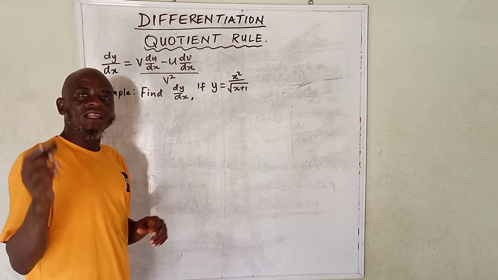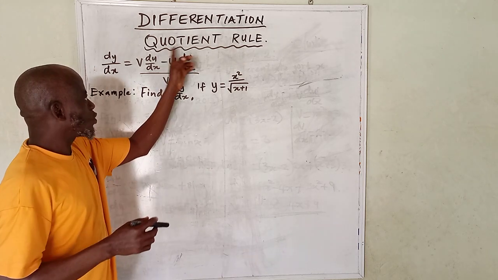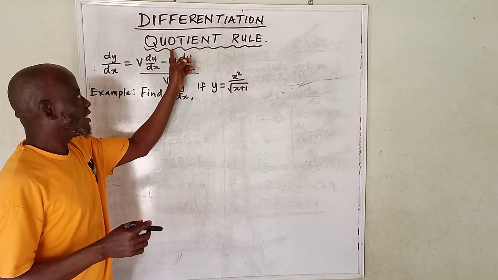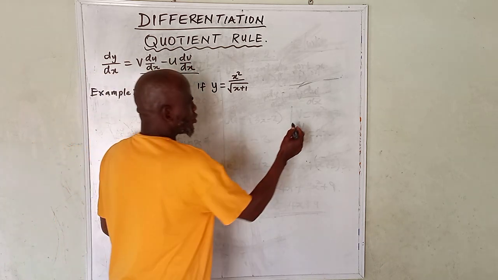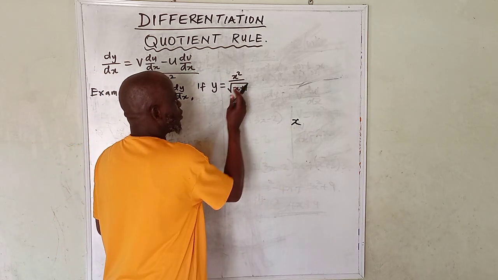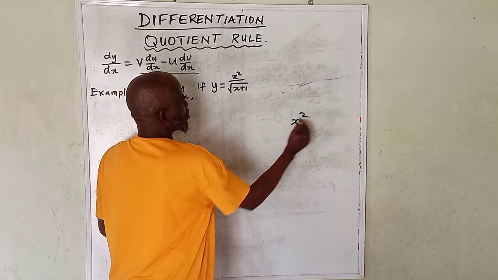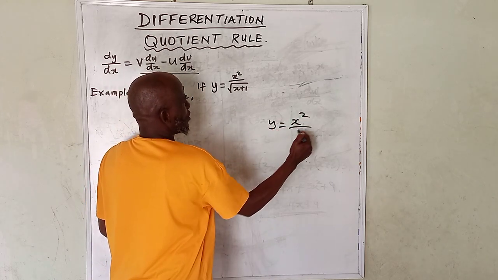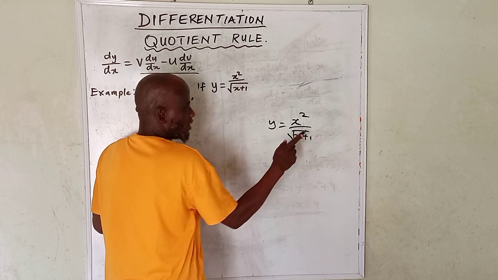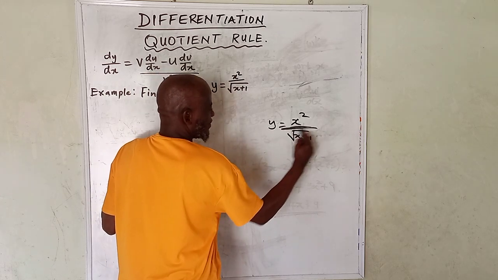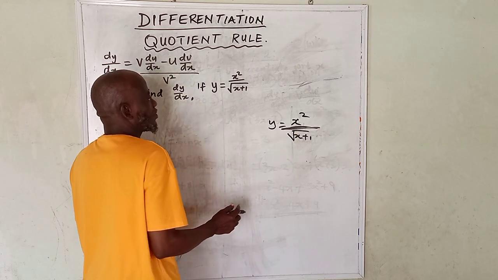Quotient rule, as the name implies, applies whenever you have two functions dividing each other, like the one on the board now: y equals x squared all over this function. This is the division line of the divisor.